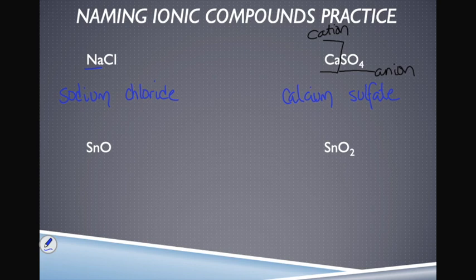Then we get into our last 2 examples, and you'll notice that these 2 formulas are quite similar. They both involve Sn, which is tin, and O, which is oxygen or oxide. Okay? If you look on your periodic table, find tin, atomic number 50, you'll notice tin is a multivalent ion. So we'll need to make sure that we know which tin we are talking about.